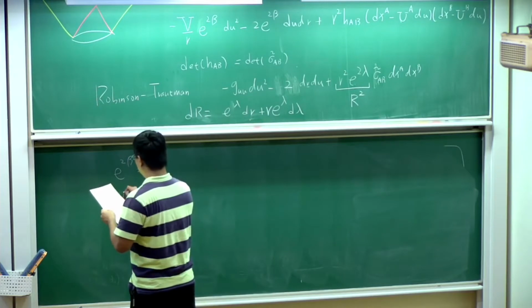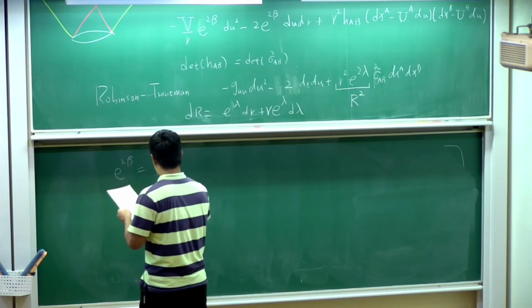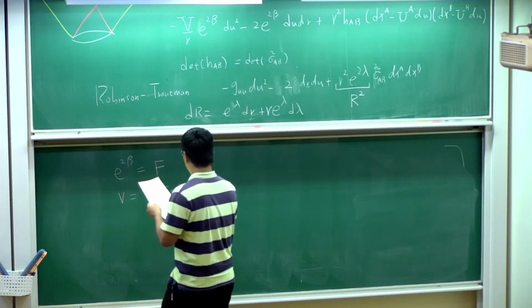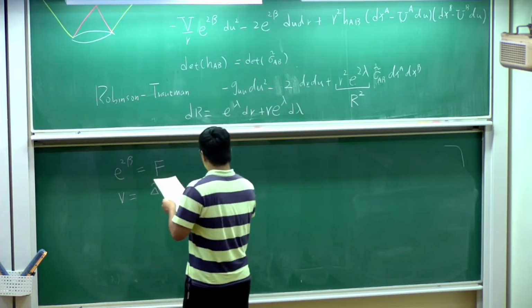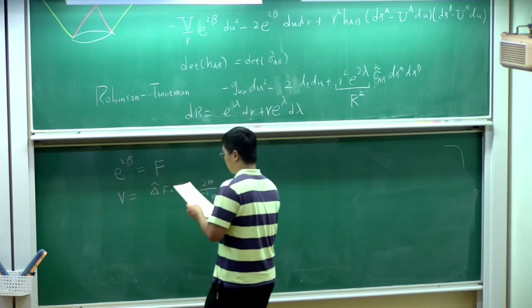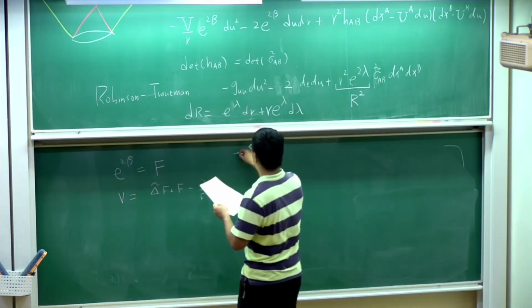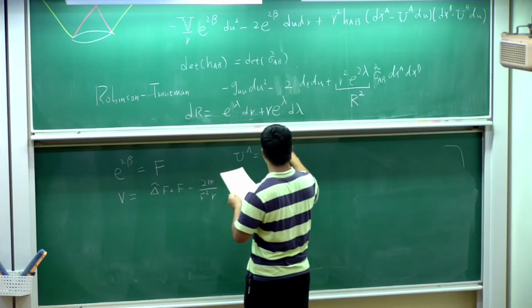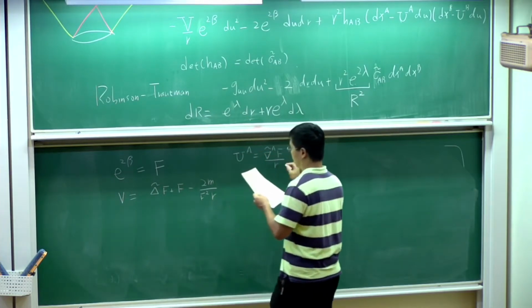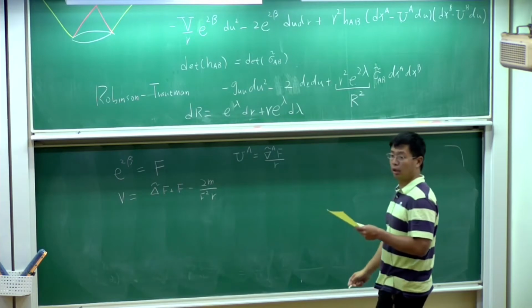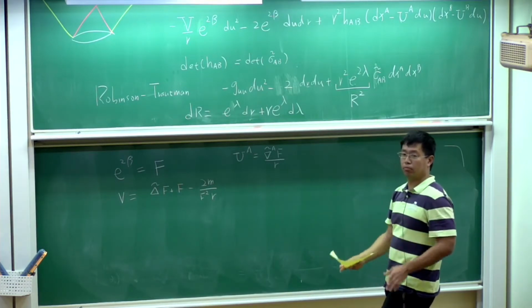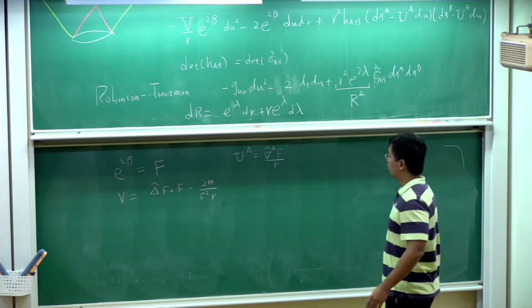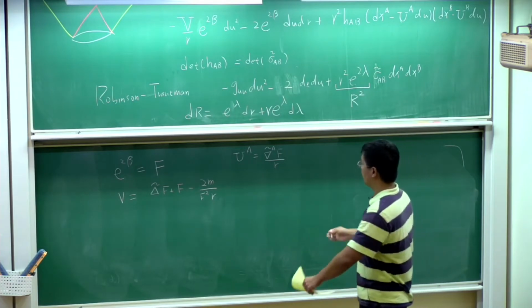And V will be R, and UA will be AF over R. Okay? Right.